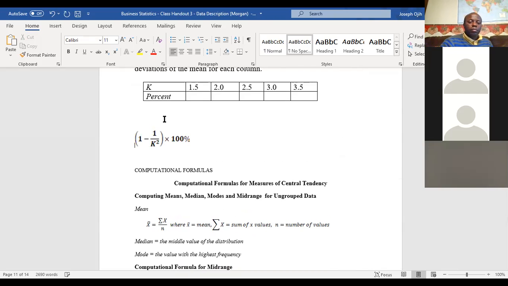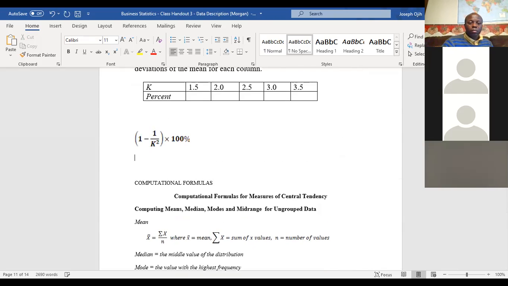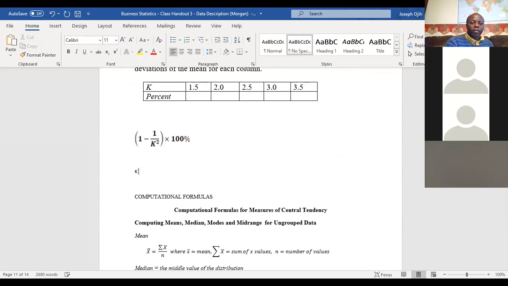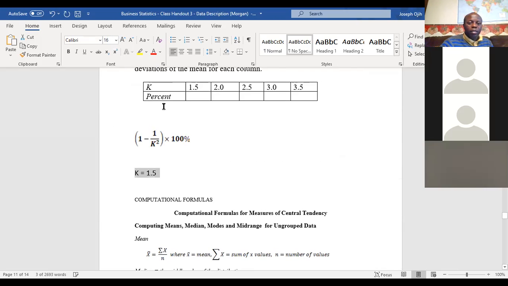Let's see. The first one is K equals 1.5. Given that value for K, we can now get the rest.